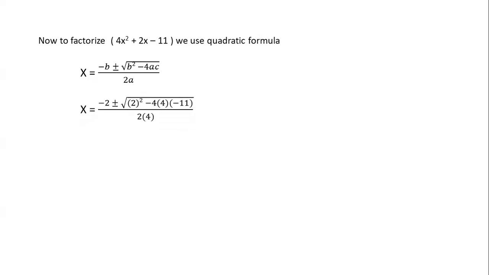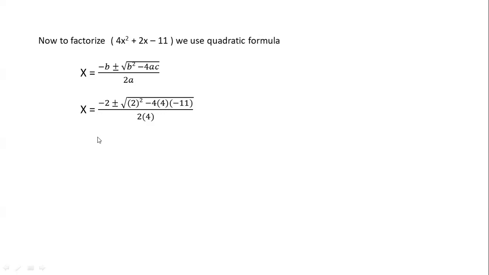Okay, because b is the middle term, that is the term with x, and the term with x is minus 2, and b square, that is 2 square, minus 4, the first term, that is x square, coefficient of x square is 4, and the constant term is minus 11.